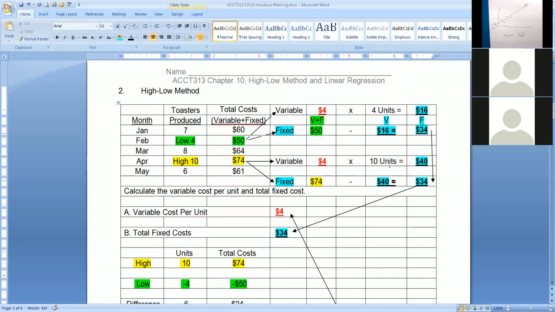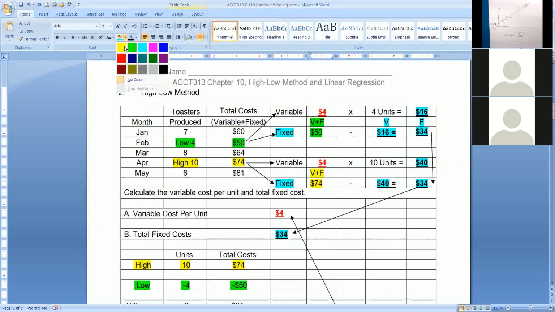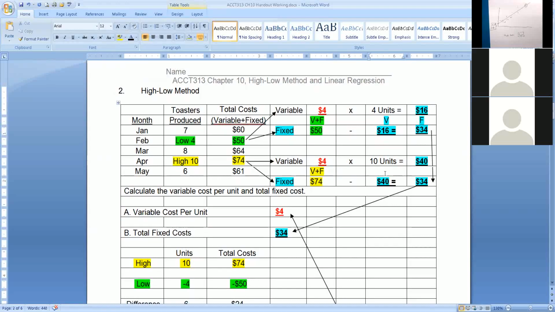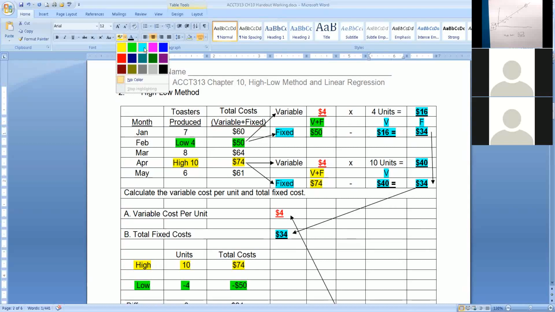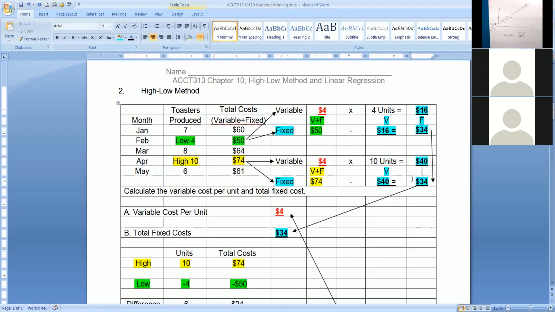It really is just that, and the same thing down here. This is really variable plus fixed, whatever that is, 74. If you subtract out the variable, then you'll end up with just the fixed.